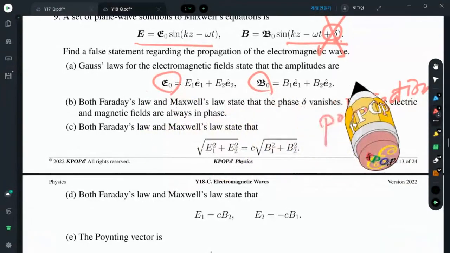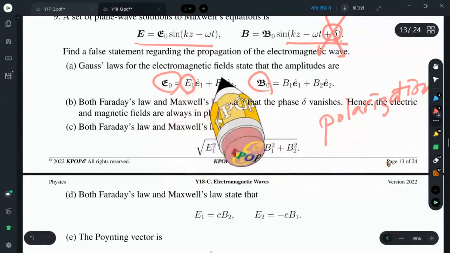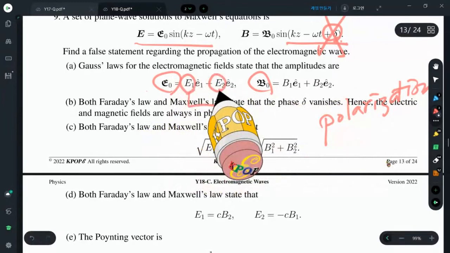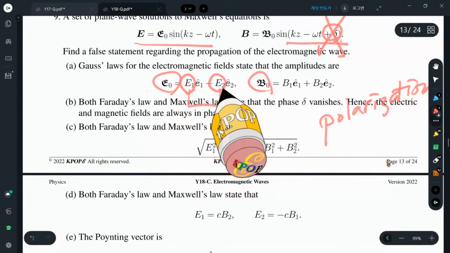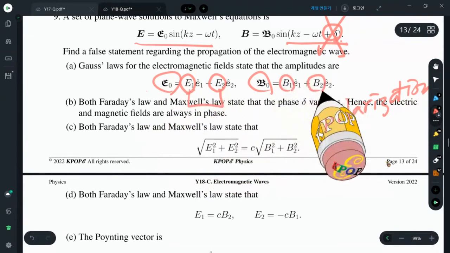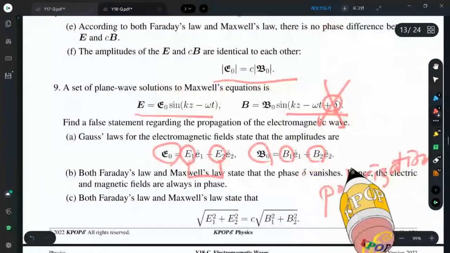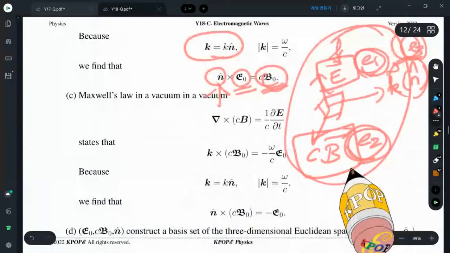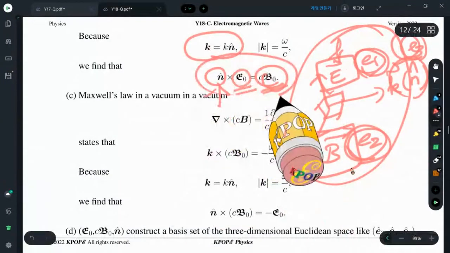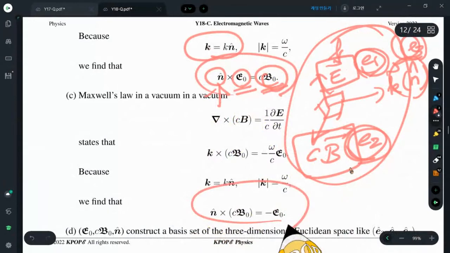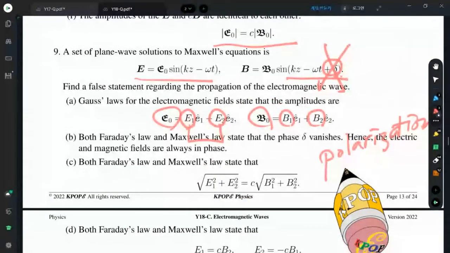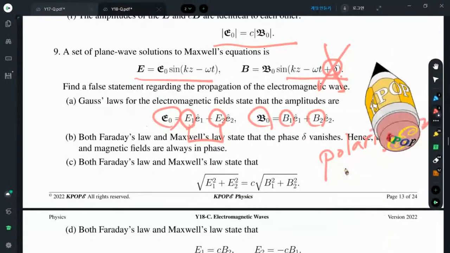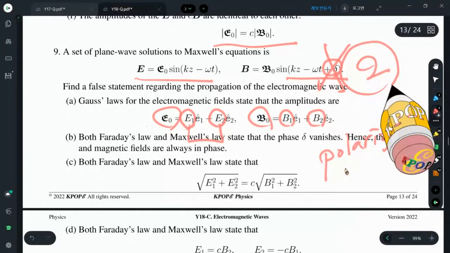Among these four contributions, only two of them are linearly independent. Once you know E1 and E2, B1 and B2 are completely determined by Faraday's law and Maxwell's law. So, in nature, the electromagnetic field has only 2 degrees of freedom.